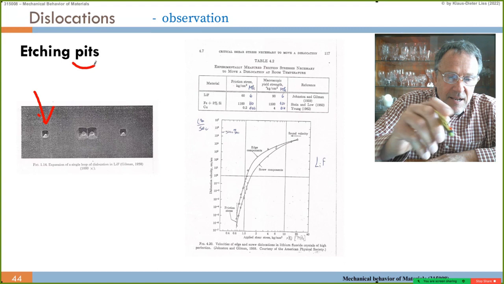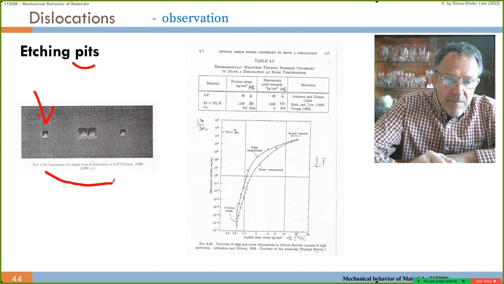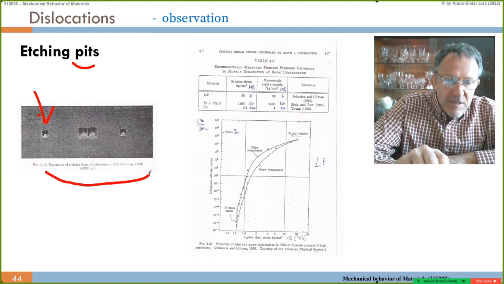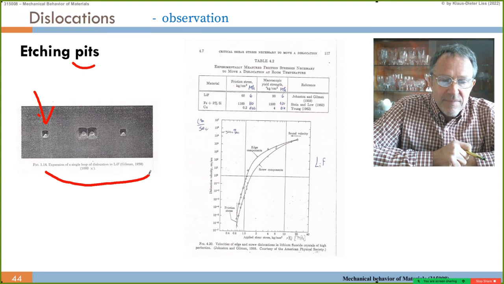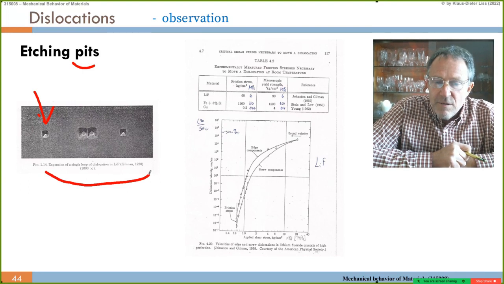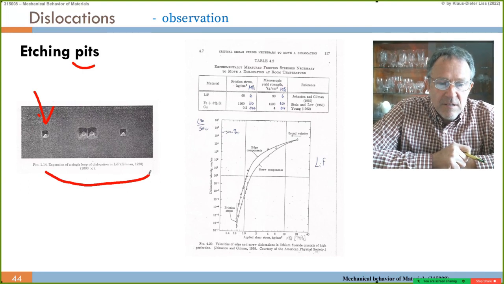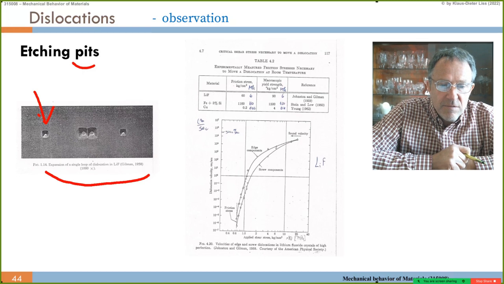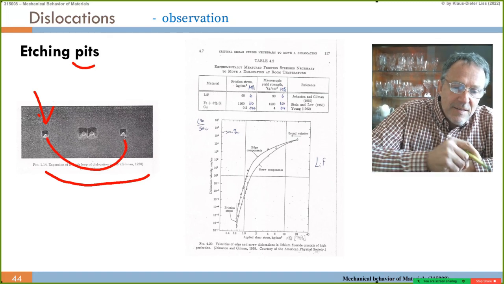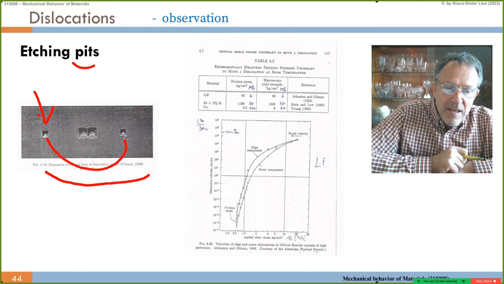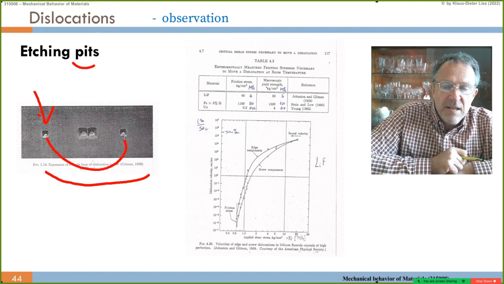And we see that already, expansion of a single loop of dislocations in lithium fluoride. Okay. So I didn't look up the literature behind this figure. Just want to show qualitatively. But apparently there is a dislocation loop somewhere which hits the surface, which you cut at the surface.